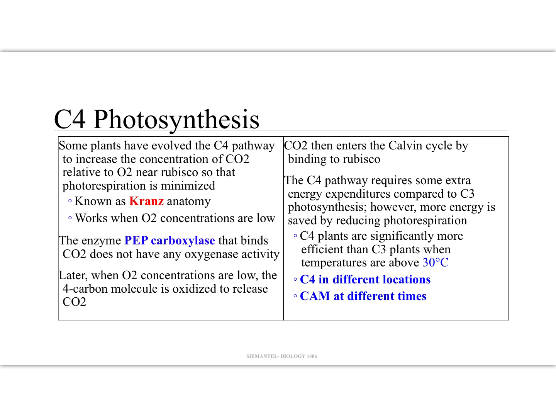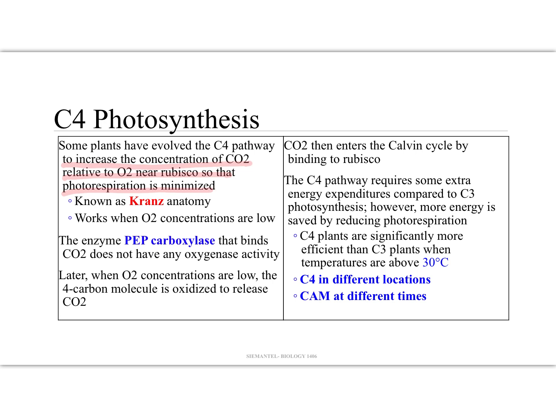Okay, so C4 photosynthesis. So, like I mentioned before, some plants are going to use the C4 pathway instead of the C3 pathway. The C4 pathway just increases the amount of carbon dioxide available as compared to oxygen so that photorespiration is kept to a minimum.